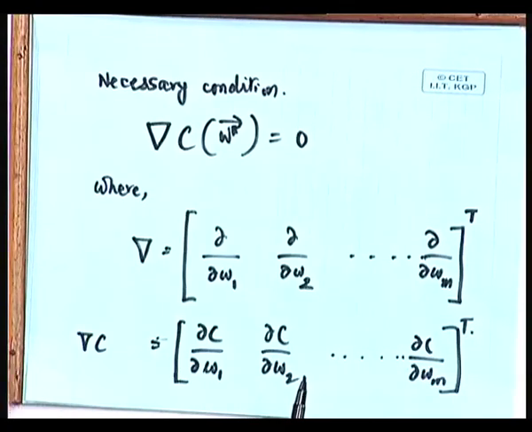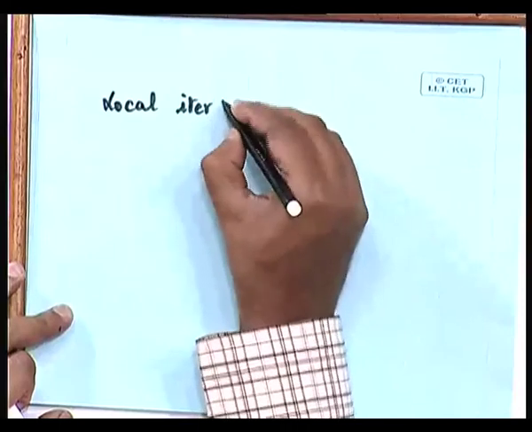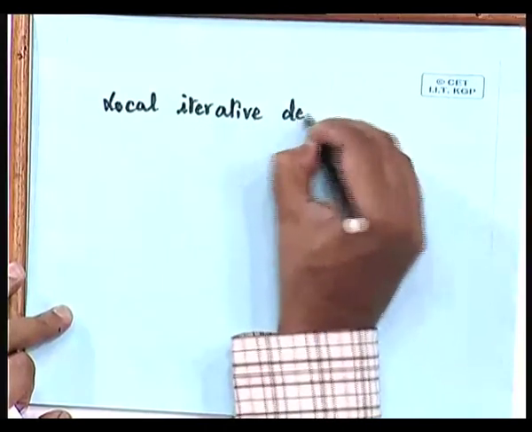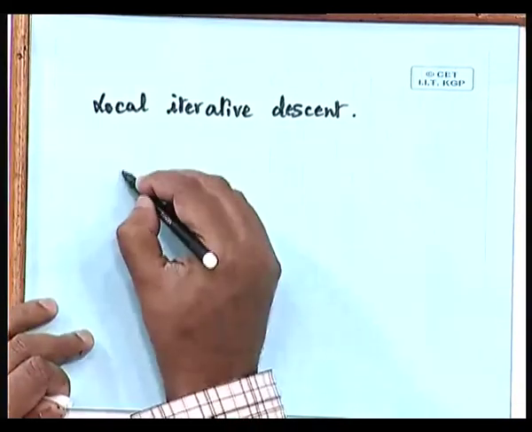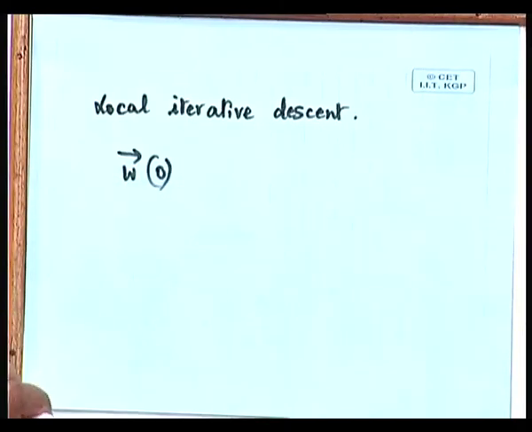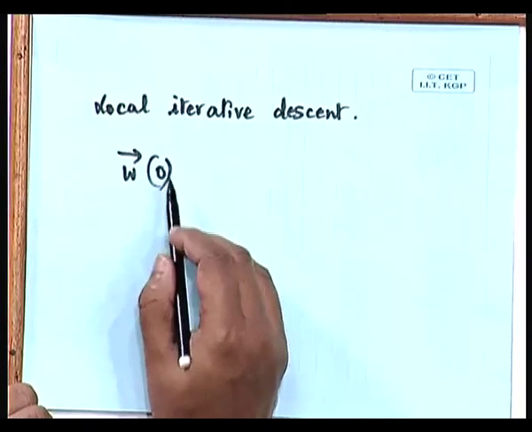All right. So, the question is what it is that we are going to find out. The approach that we follow for this is the local iterative descent. By local iterative descent, what we mean is that we start with some initial weight vector assumption W0. As an argument, I am now going to put a number, which will indicate the iteration number.